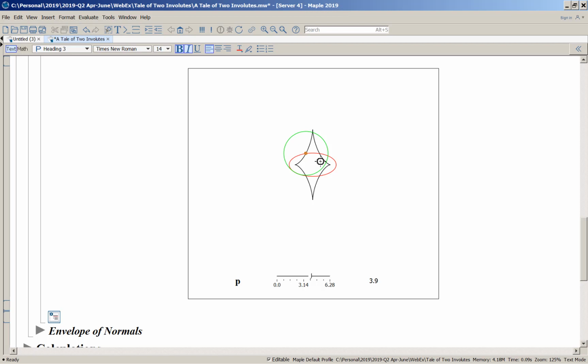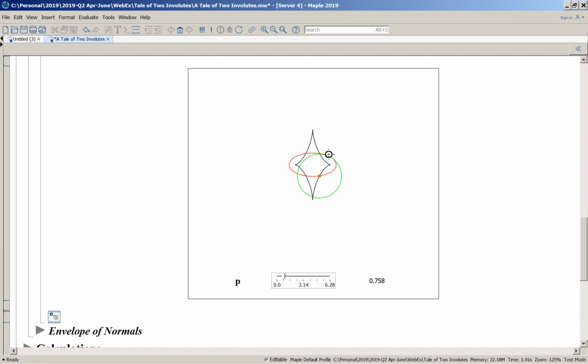In green, there is a circle of curvature making contact with the ellipse. The gold point is the center of curvature for that circle of curvature. As I move the contact point, that's what this slider will do. It will move that contact point. The gold dot will trace the evolute.